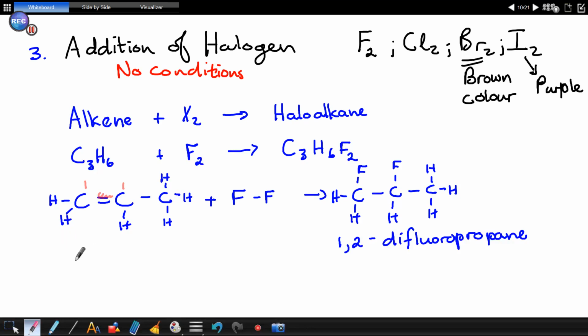Structural or condensed structural formula: CH2CHCH3 plus F2 will give you CH2FCHFCH3.